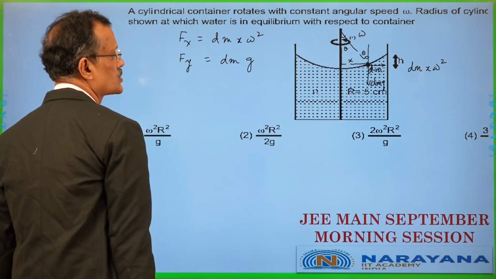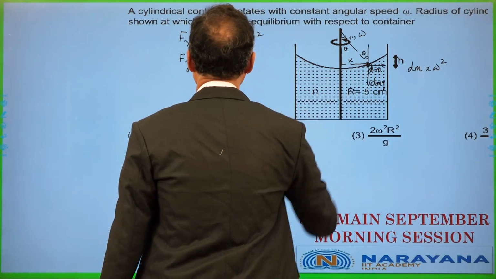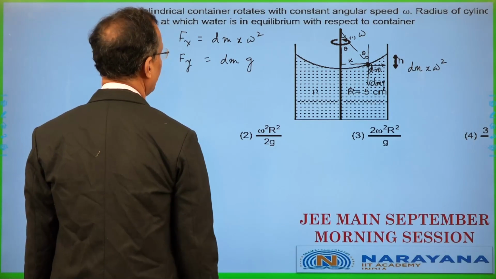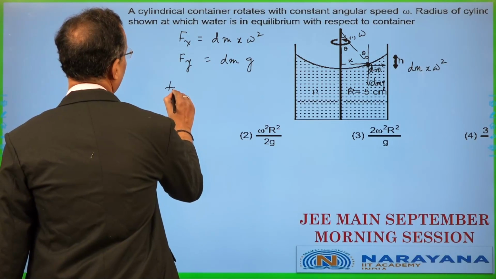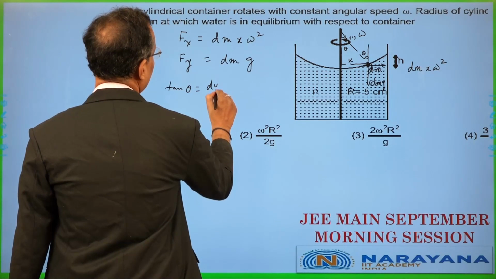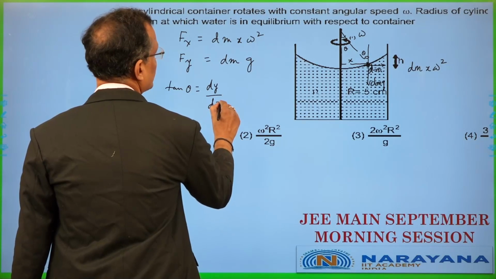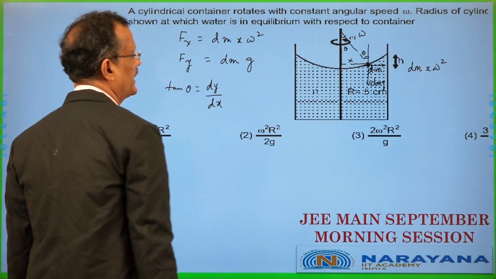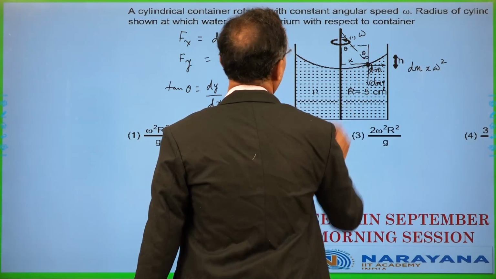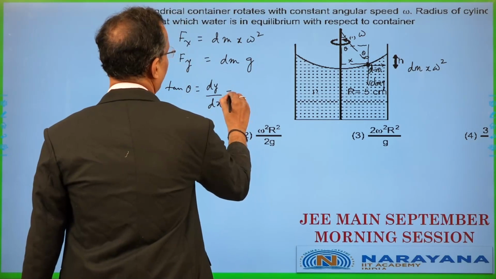If you take the slope here, tan theta, that will become dy by dx. So tan theta, if you take, it is dy by dx, and from here if you take theta, then this will become Fx by Fy.